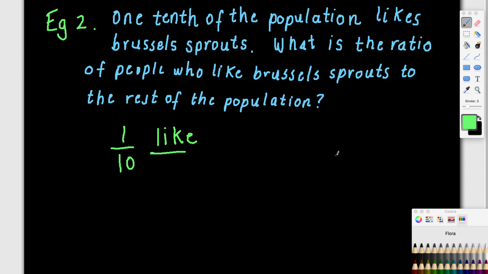So what fraction do not like? Well, if 1/10 like, then we must have 9 out of 10 who don't like Brussels sprouts.